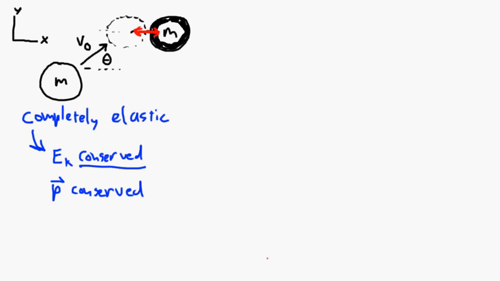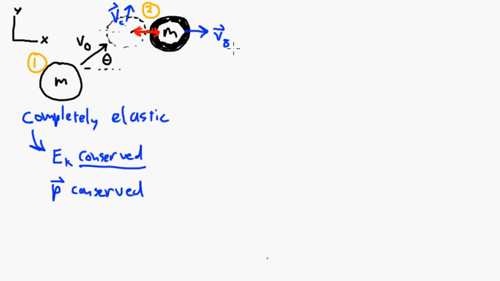So I'm going to do two different states of the system. State 1 is when the cue ball is approaching the 8 ball. The 8 ball is still stationary when the cue ball is approaching. And state 2 is after they've collided, and so there's some final velocity, the vector VC final, and the vector V8 final.